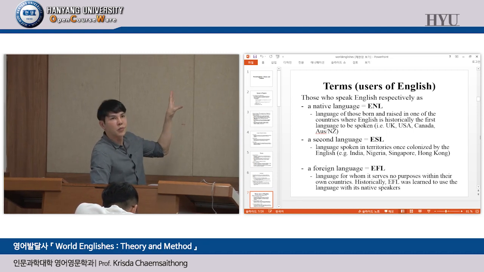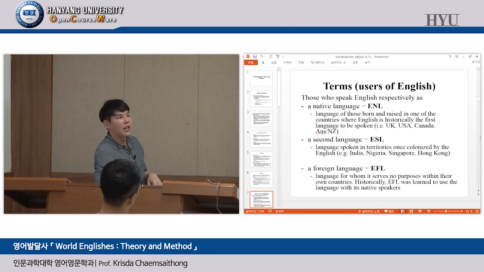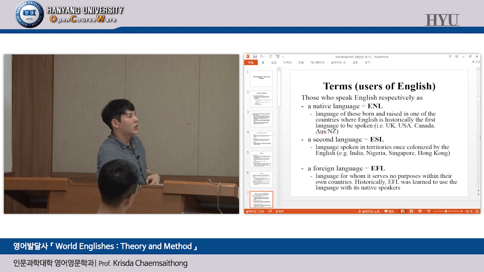That's the first diaspora, right? ENL, English as a native language. And then you have English as a second language, ESL, right? Language spoken in territories once colonized by English, especially the second diaspora. And then EFL, English as a foreign language, for those for whom it serves no purpose within their own countries, right?